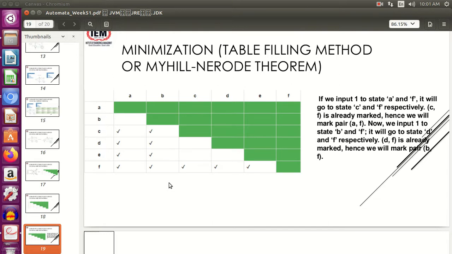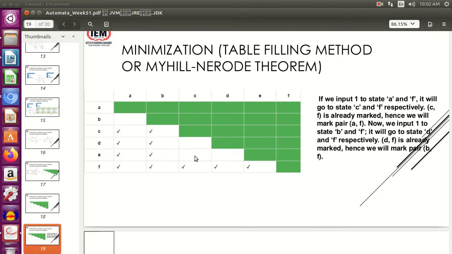You can see that the unmarked states are A comma B, D comma C, E comma C, and E comma D. So we are combining D comma C, E comma C, and D comma E, and writing it as a single state D comma C comma E. But A comma B itself is also an unmarked pair. So CD was unmarked, CE was unmarked, DE was unmarked.